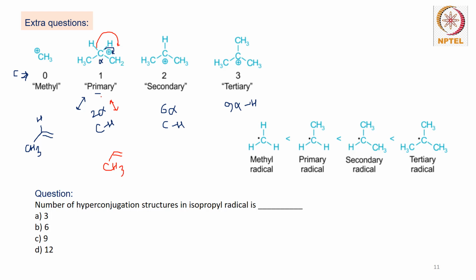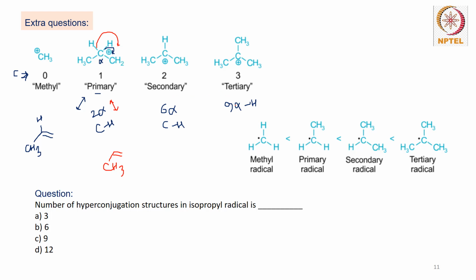So if you count the number of alpha C-H bonds, you can count how many hyperconjugative structures it will have. So it has 2 hyperconjugative structures. Similarly, it has 6 alpha hydrogens, so 6 hyperconjugative structures.